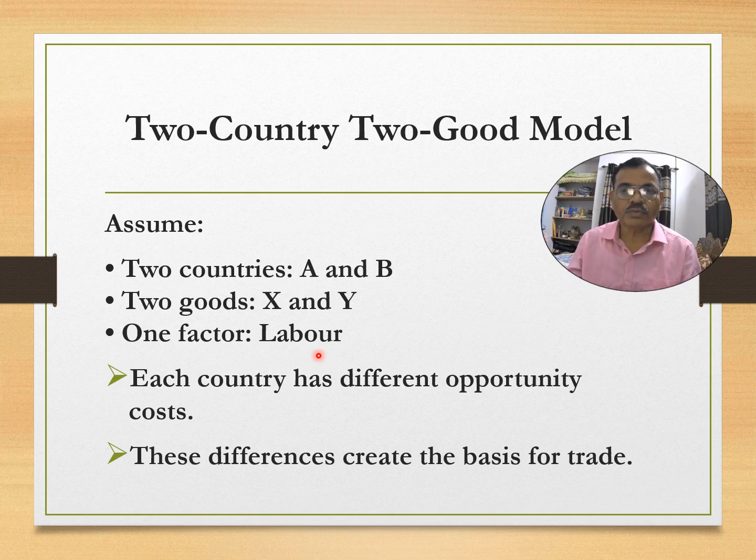Each country has its own production possibility frontier, which reflects its technology and resources. Because technologies differ, opportunity costs differ. And these differences create the foundation for trade.